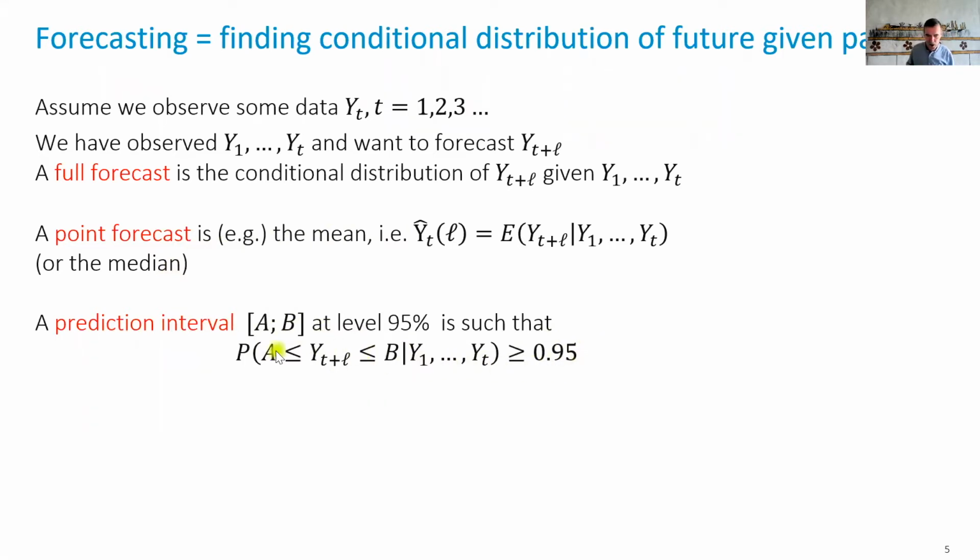This is in the case where y is a number. If y is not a number but a vector, then we would have a prediction region with a similar understanding. The probability of being in this prediction region, conditional to what we have observed, must be larger than something. And the goal is to be able to compute point forecasts and prediction intervals.